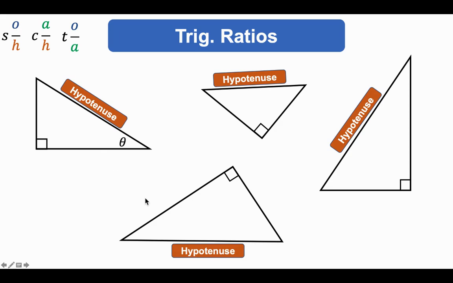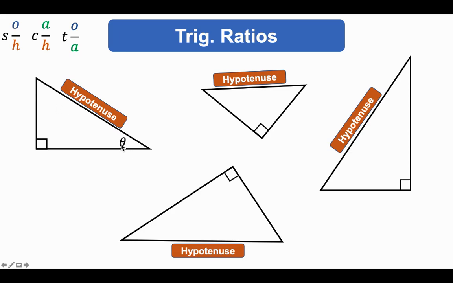So let's say that I gave you theta. This is just a Greek letter. It's a variable, Greek letter theta. Normally we use this instead of x when we know it's an angle. Not always, but hopefully you know that. So this is theta. This can tell me which angle that I'm talking about.